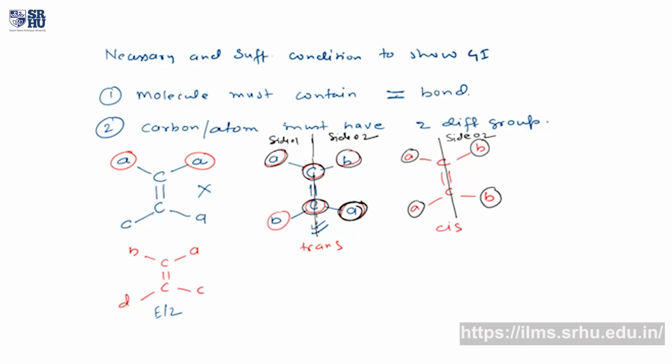So you must understand what we mean by same side and opposite side of the double bond. Now, if I ask you a question, say for example, can this show geometrical isomerism?